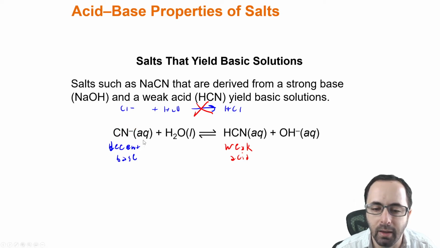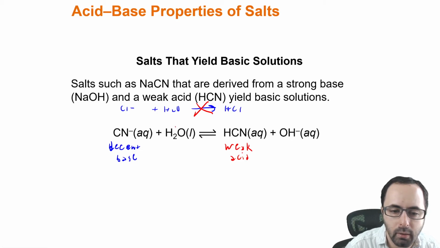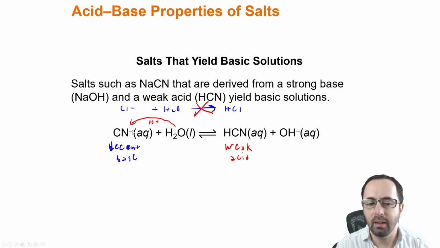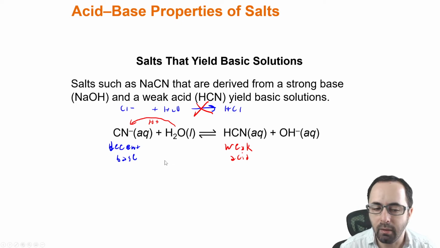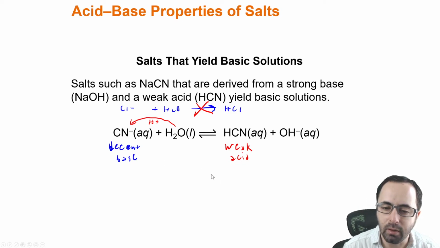And this cyanide can behave as a decent base, and it can grab a proton from the water. So we're writing the equation of cyanide acting like a base. It's accepting a proton from water, and then it produces its conjugate acid HCN, and what's left of the water is hydroxide. And so anions, negative ions that are the conjugate base of a weak acid, will behave as a fairly decent base.